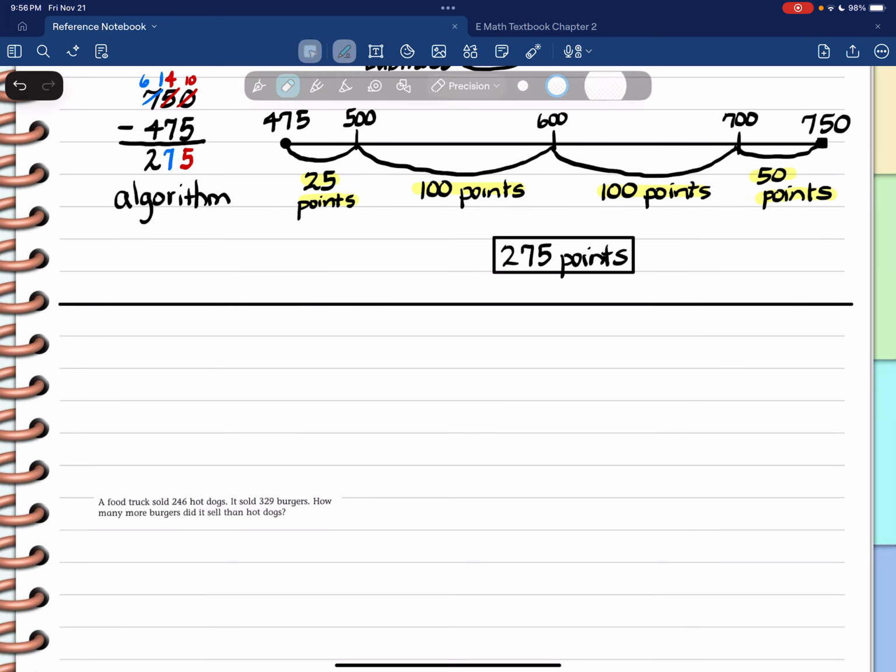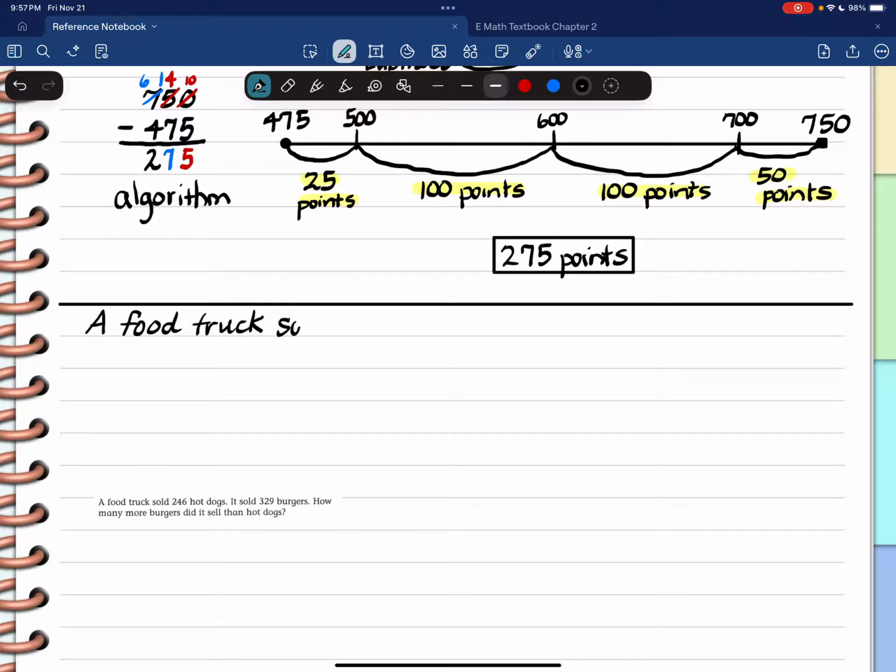If you are planning to go to college, this is a very good skill to develop. Being able to copy things into your notes will be very helpful to you. Not quite like that. All right. A food truck sold 246 hot dogs.